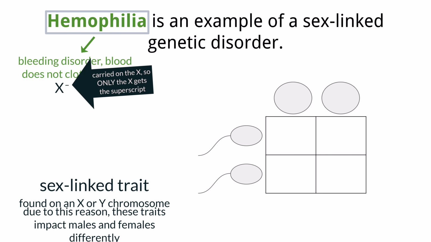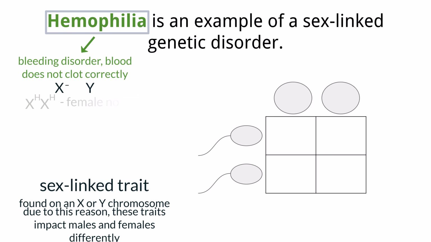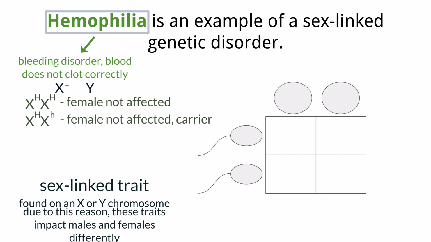Let's go over each possible genotype and phenotype connected to this disorder. XX is a female, and 2 uppercase H's as superscripts would be not affected. XX is a female, but 1 X having an uppercase H and 1 X having a lowercase h would represent a carrier.